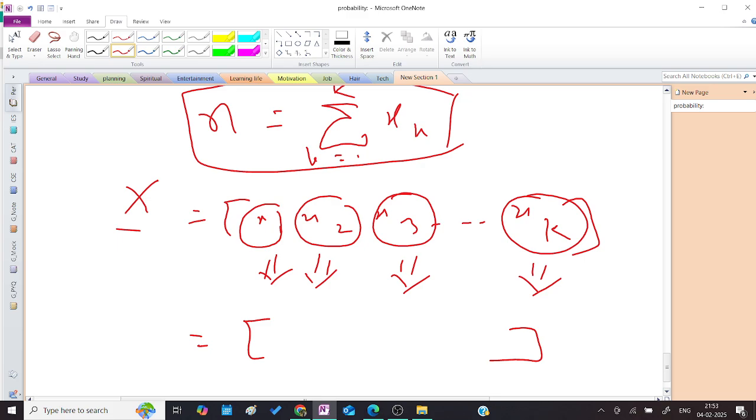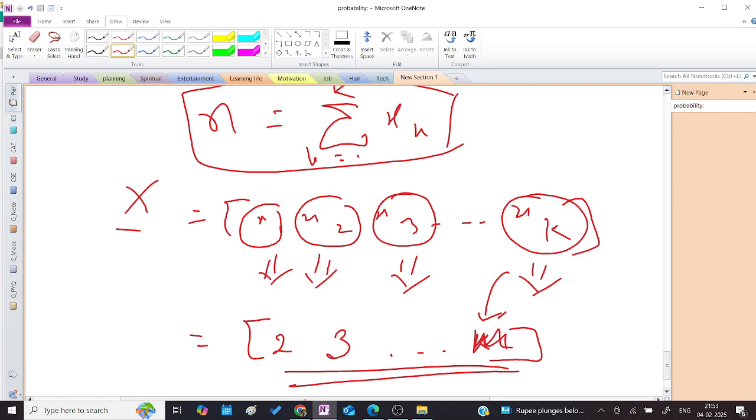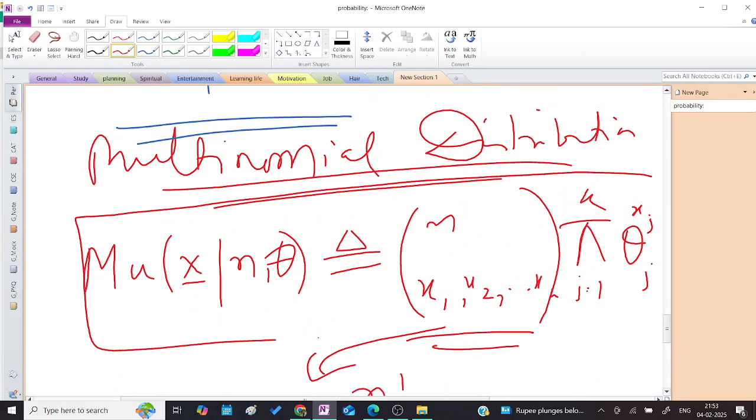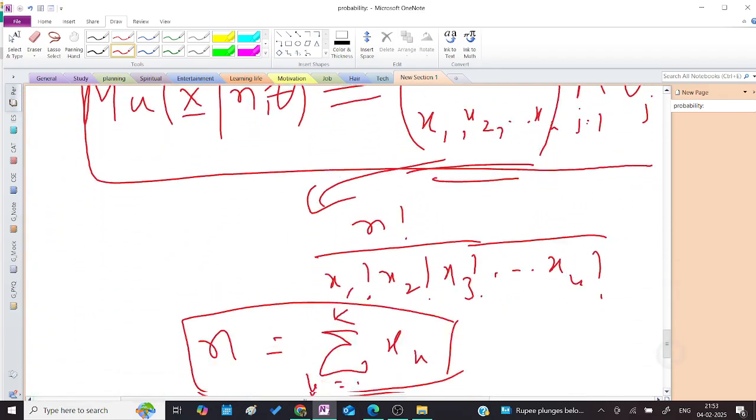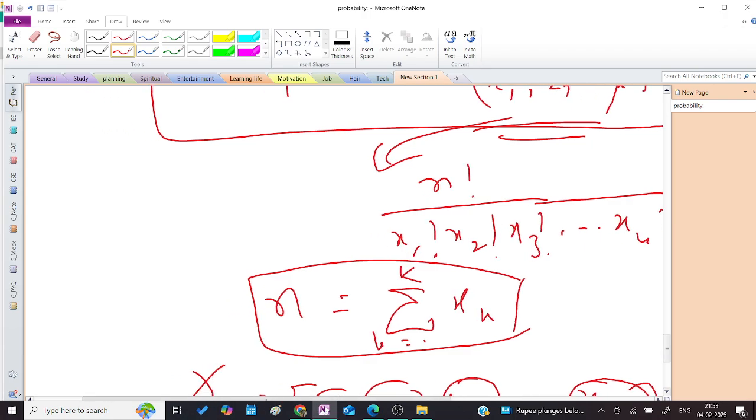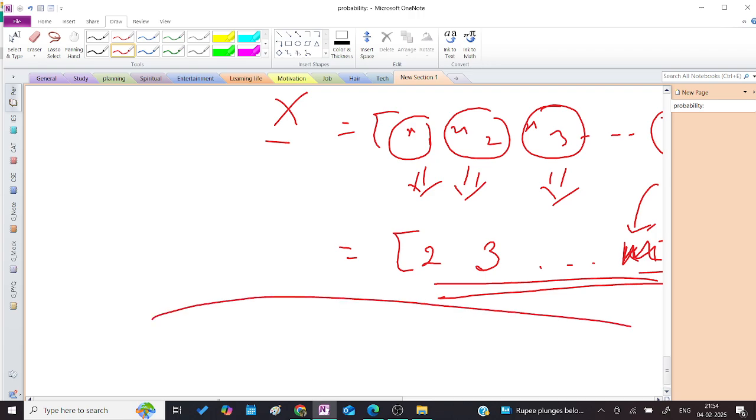And we want to see 2 times x1 is appearing, 3 times x2 is appearing, similarly k times or m times xk is appearing, so that this all sums up to n. Then we will use this formula, which is nothing but a generalized version of the binomial distribution formula I mentioned above.